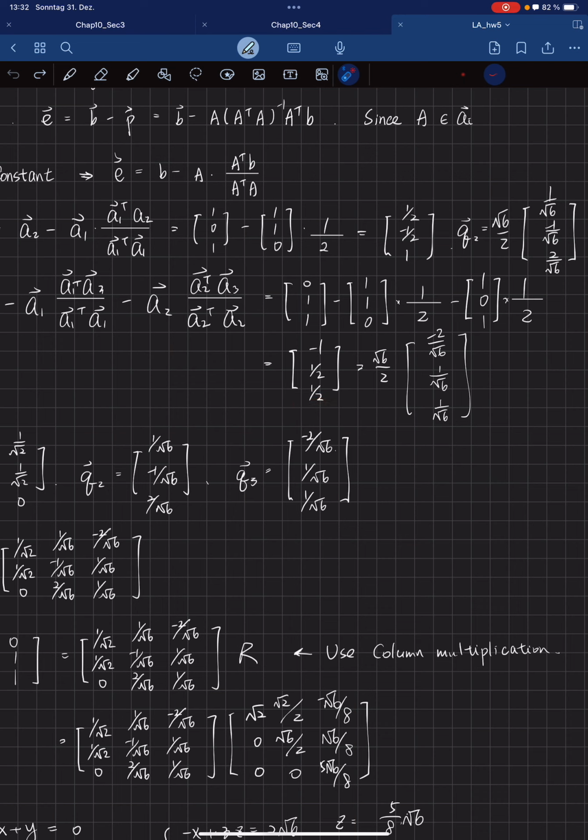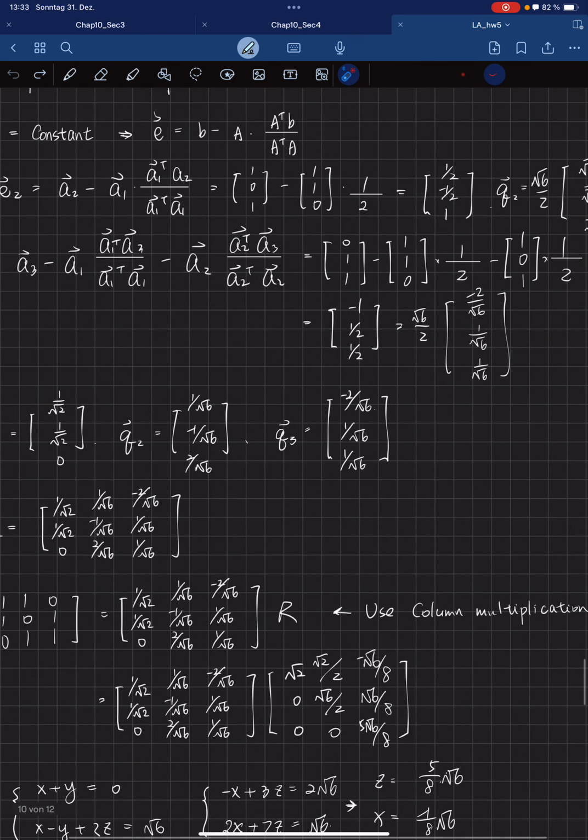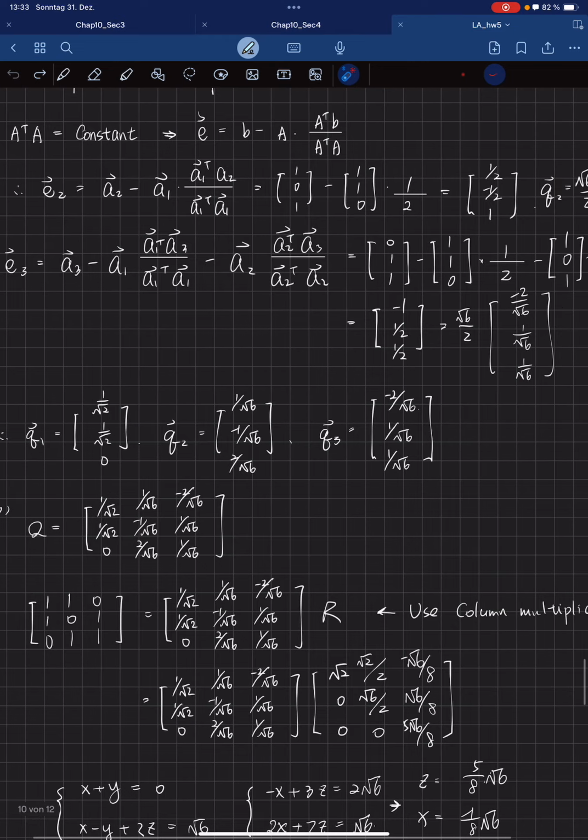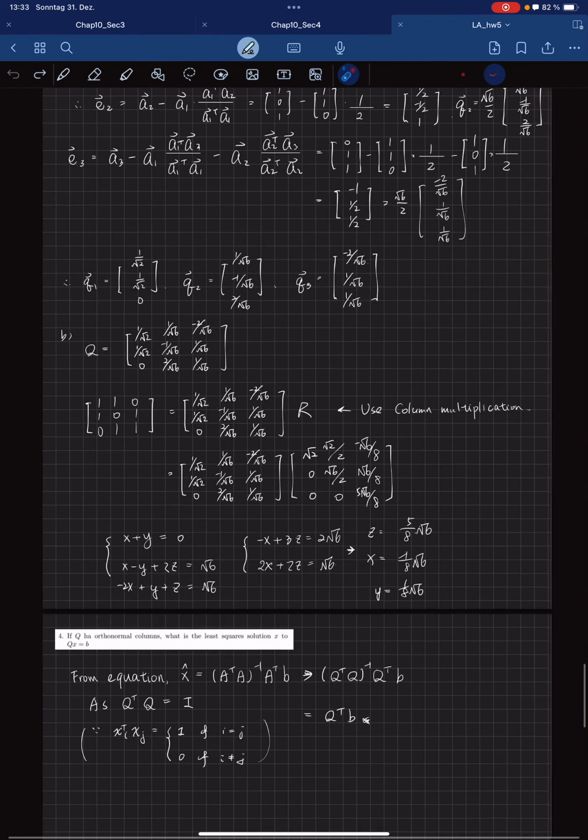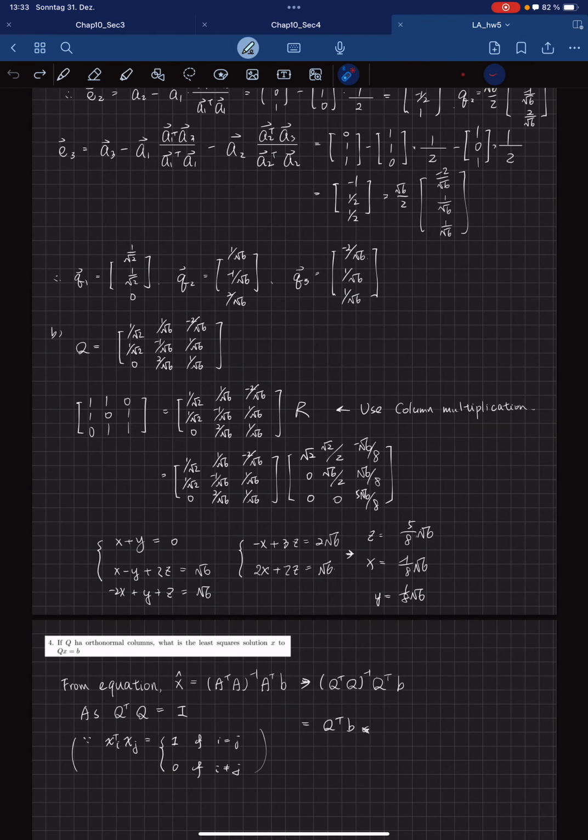But this is not quite a unit vector yet, so we take also our square root of 6 over 2 out of the vector, and we end up with this as our Q3. So now for clarity, I have written Q1, Q2, Q3 as thus.